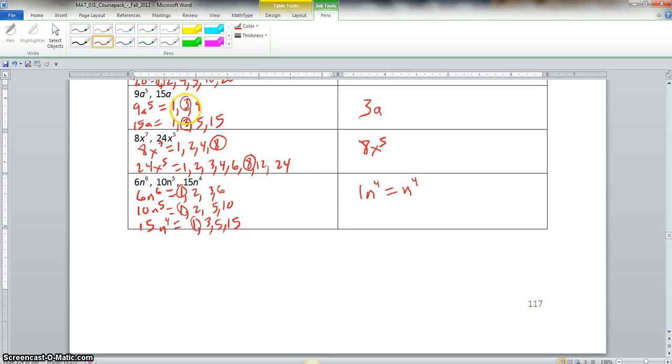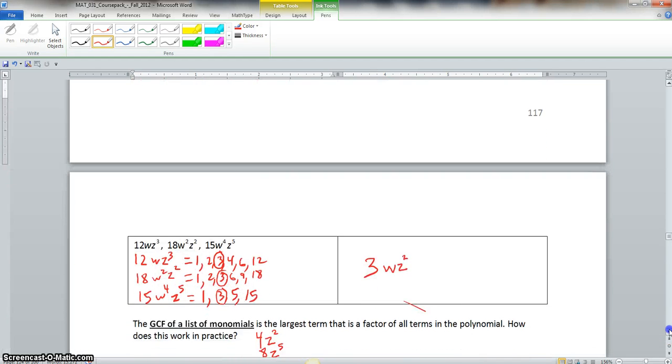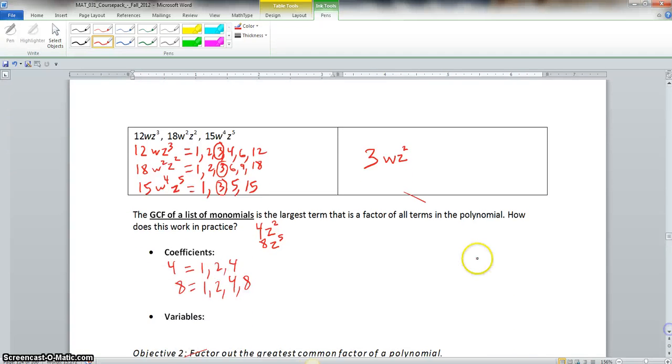Whenever you have a number multiplied by itself as a factor, you only write it one time. Now, when we come down here to the example that I just gave you, we have 4. We know 2 times 2 is 4, but we only write the 2 once. So we have 1, 2, and 4, and 1, 2, 4, and 8.